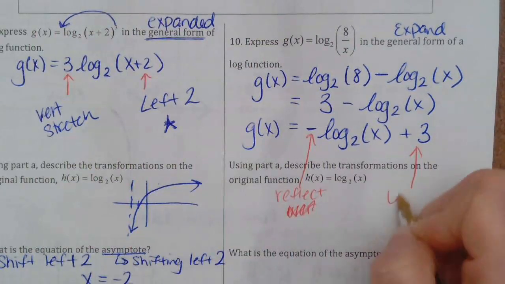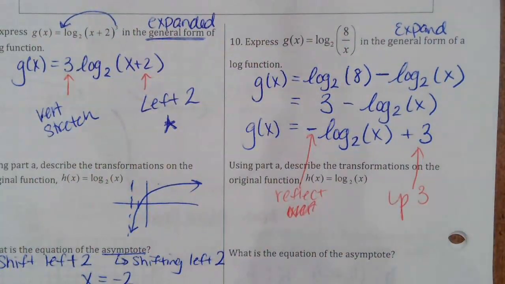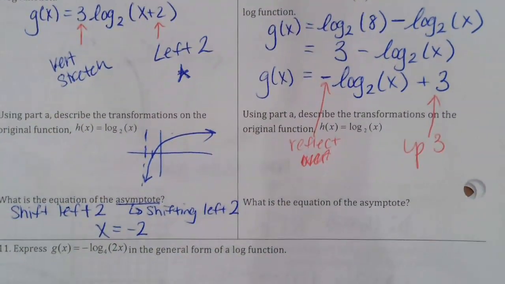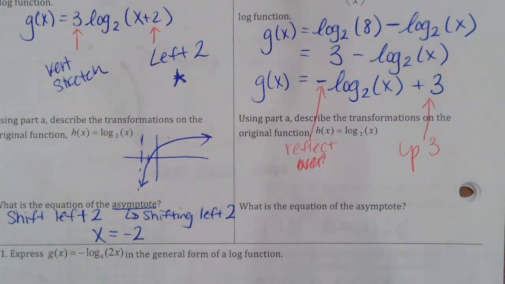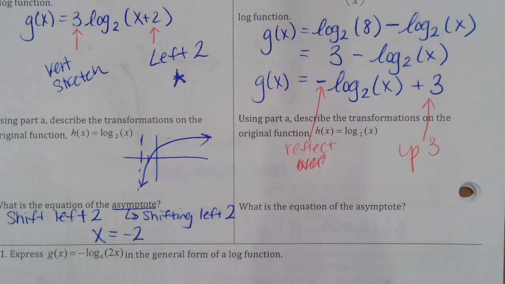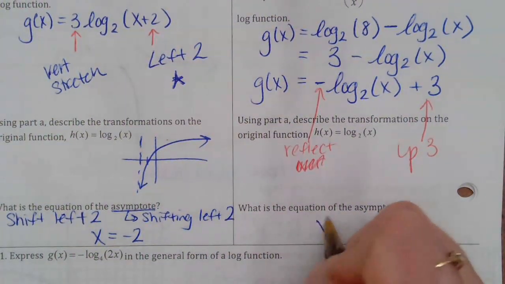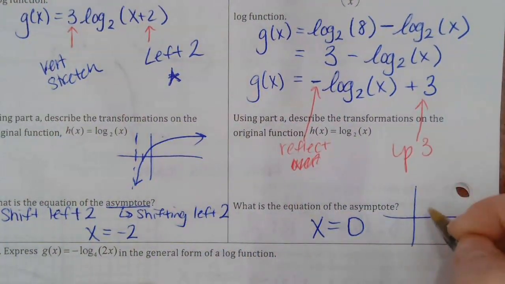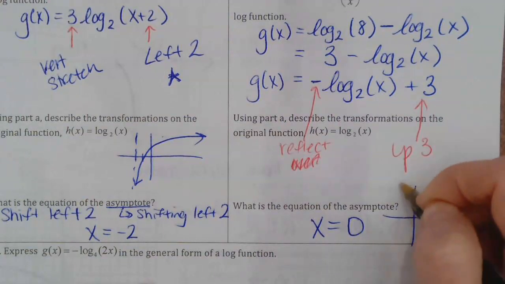And this is going to go up 3. For logs, we don't really care if it's being shifted up or down. We only care if it's being shifted right or left. So since it did not get shifted right or left at all, the asymptote is going to stay at 0. So it would still look something like this. It would just get reflected, something like that.